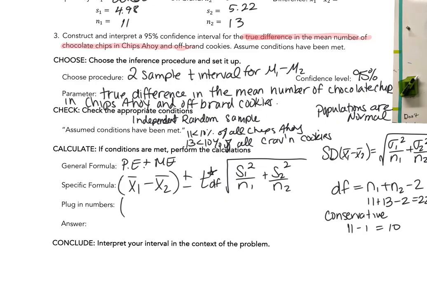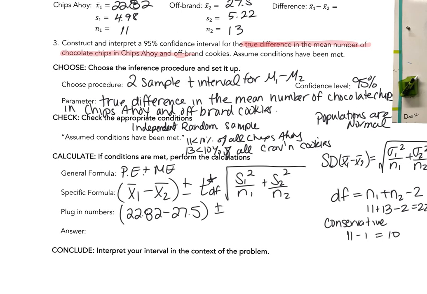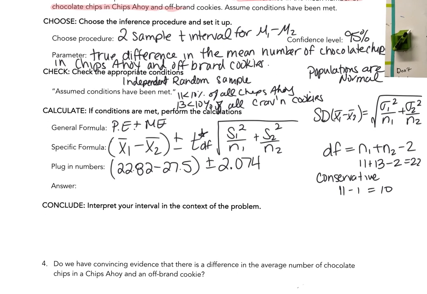So I'm going to plug in my numbers now. 22.82 minus 27.5 plus or minus. Now when I look at a t-table, I find 95%, and then my 22 degrees of freedom, that's 2.074. That's my t-star from the table. And then I can put in my 4.98 squared over 11 plus 5.22 squared over 13.